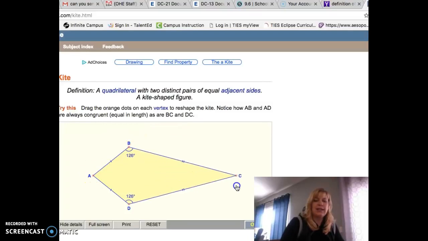So a kite, I'm kind of playing with it here, is a quadrilateral with two distinct pairs of equal adjacent sides, which means adjacent means they meet at a vertex. So notice that this is congruent to this, and this is congruent to this.